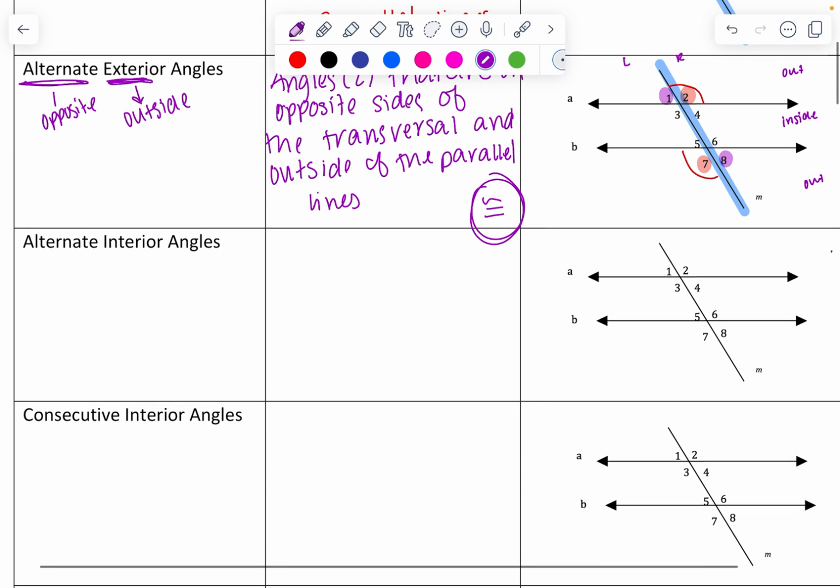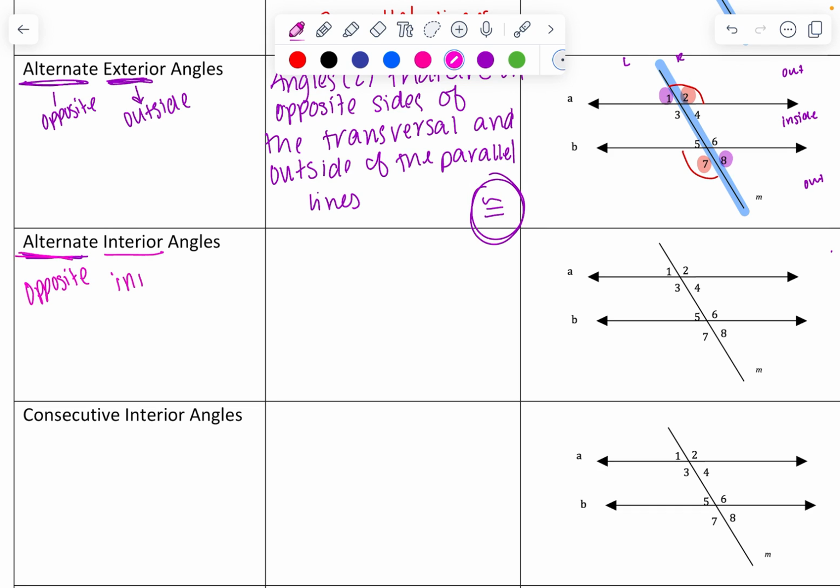Okay, next one, similar, alternate interior angles. So again, alternate means opposite. Interior this time is inside.